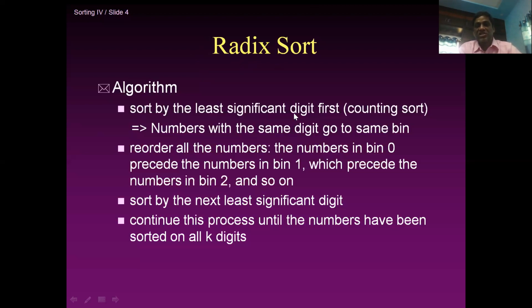We consider the least significant digit first, and we put that number, based on the least significant digit, into the respective bucket. Buckets are also called bins. Then we retrieve the numbers from bin 0, bin 1, bin 2, and so on, in the order of bin 0, bin 1, up to bin 9, producing the intermediate list.